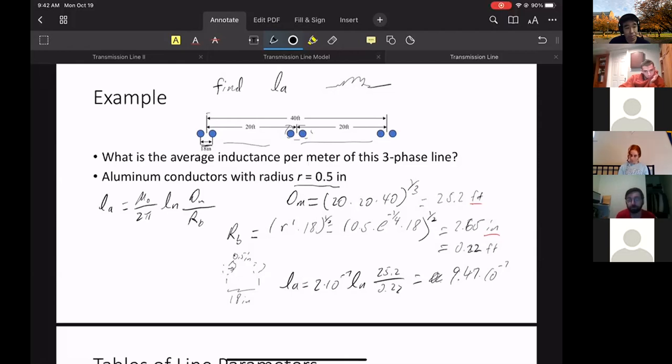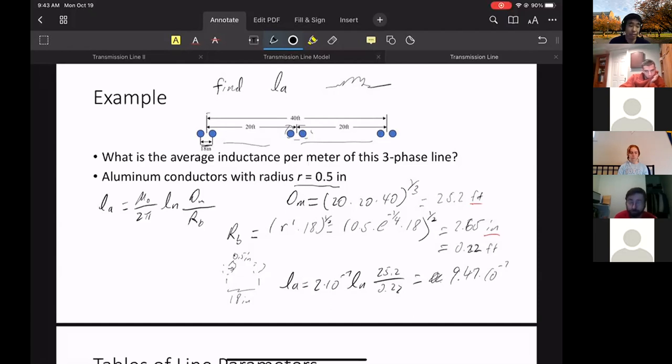We use this equation, mu naught is a constant. Then we look at the log of the ratio of the average distance. But what is the unit of this value? Is it in feet? What do you think this unit would be?